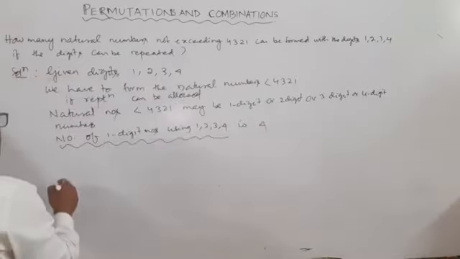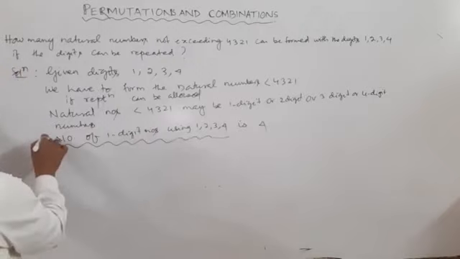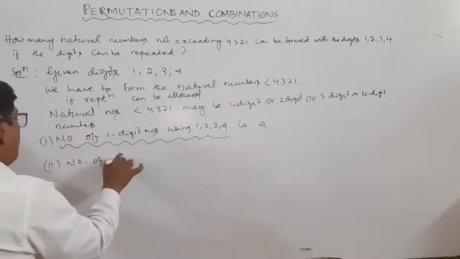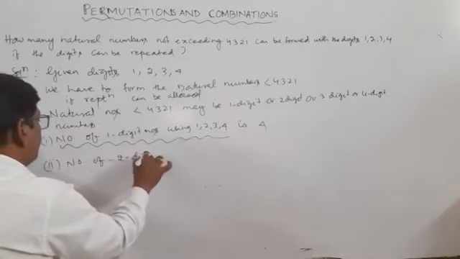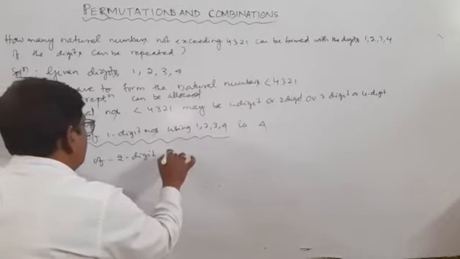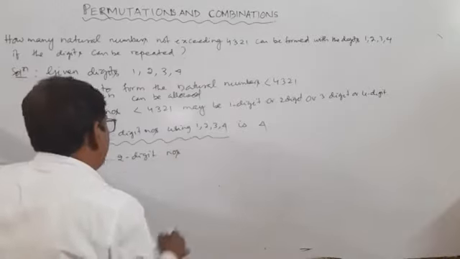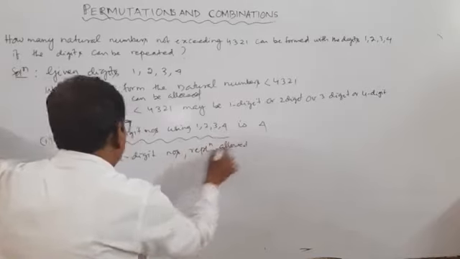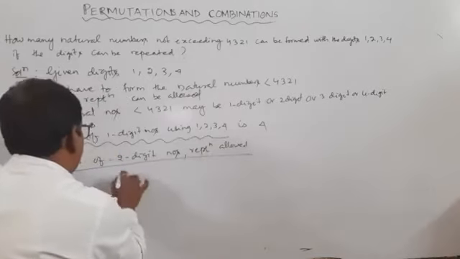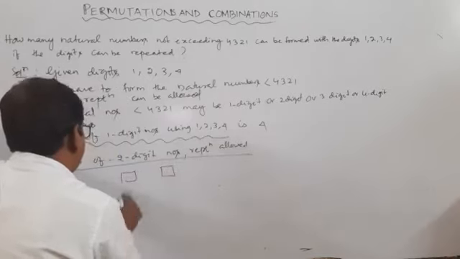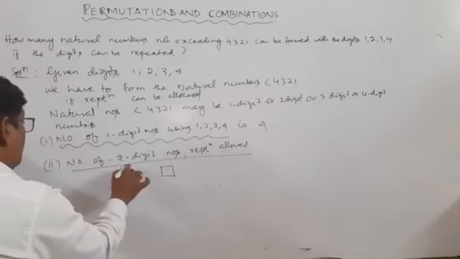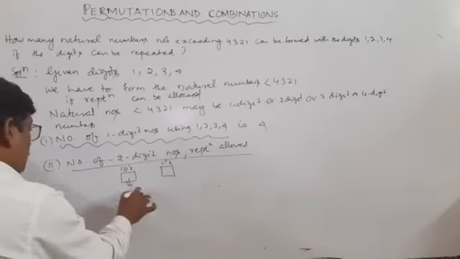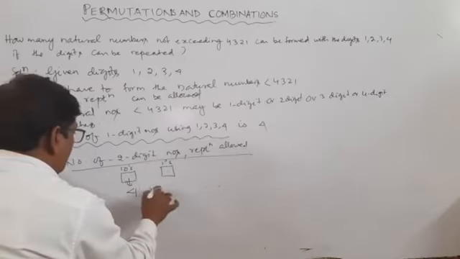Second, the number of two digit natural numbers, repetition allowed. A two digit number contains two places, the tens place and the unit place. This can be filled in 4 ways, and this can be filled in 4 ways. That is 16.